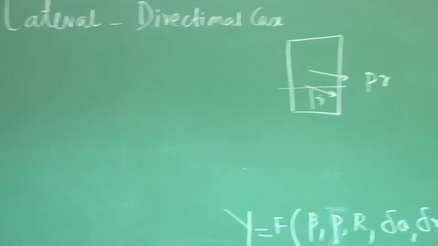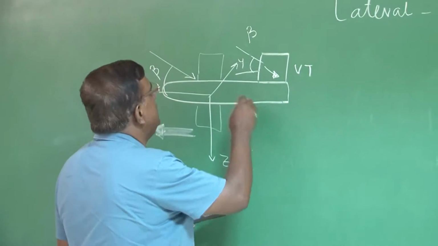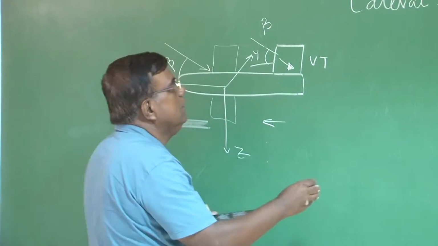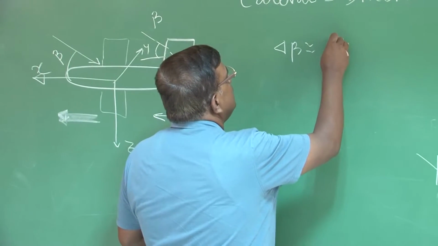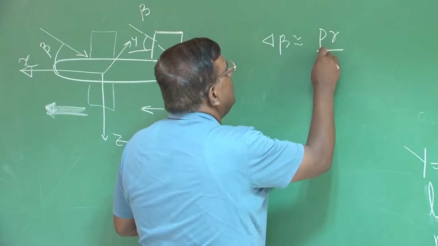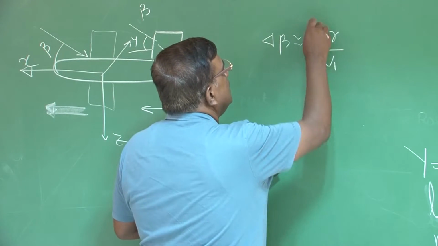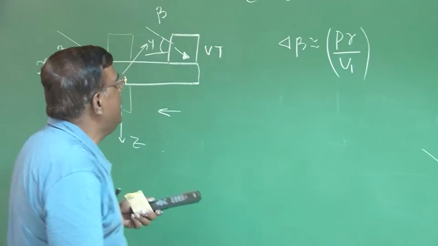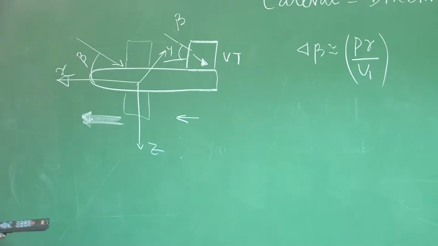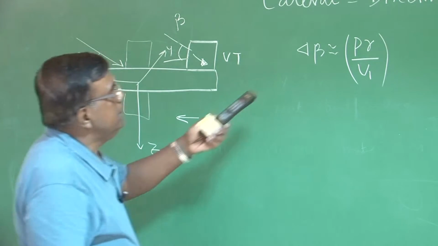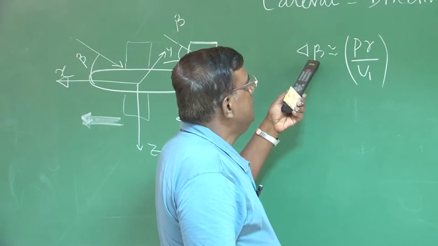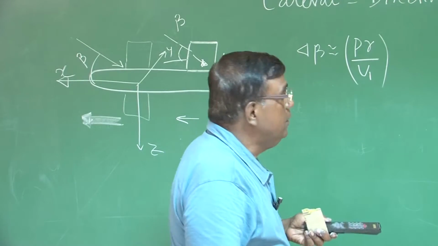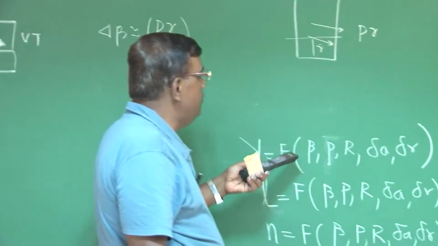And that, in addition with it moving with a velocity u1, will give you roughly a beta which is equal to p r by u1. I am saying with u1 it is moving forward, right. The moment there is a beta which is because of p, this beta will give a side force. So, hence there has to be a side force because of p.